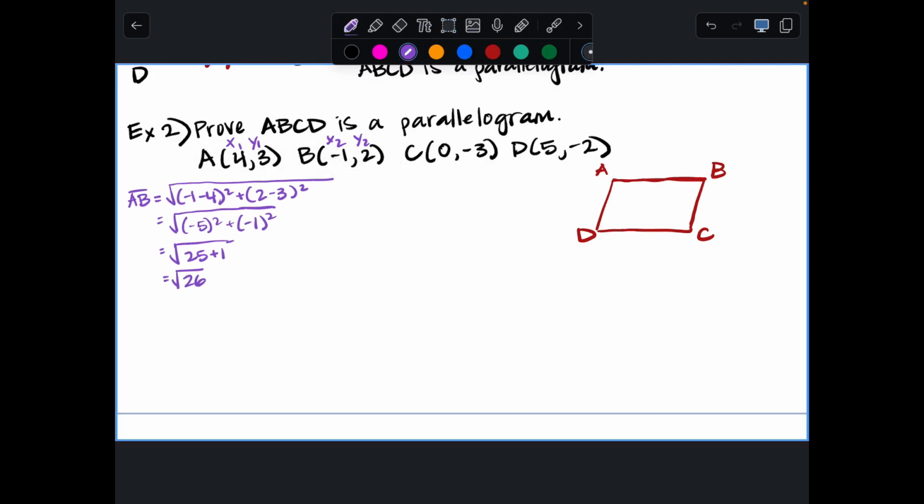Okay, now I'm going to calculate the distance of the opposite side, which is CD. Because remember, you have to prove that opposite sides are congruent. So this is x1, y1, and x2, y2.